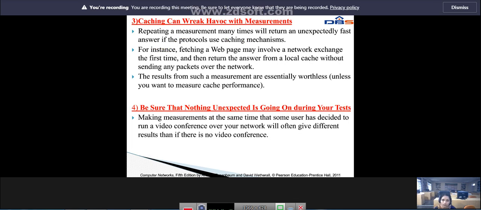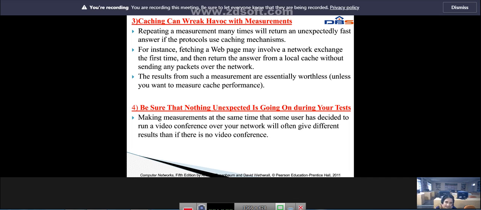The third one is caching can wreak havoc with measurements. Repeating the measurements many times will return an unexpectedly fast answer if the protocols use a caching mechanism.